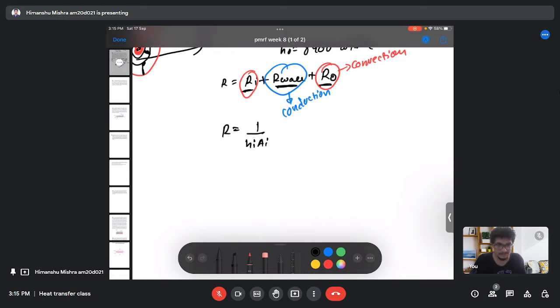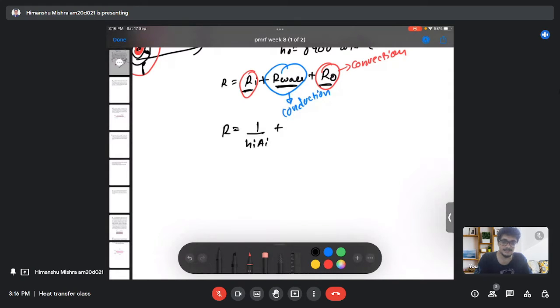Yes. So these expressions for the resistance we already considered in the past weeks when we were studying conduction heat transfer. At that time we found out the total resistance of the tube or the plane slab or the spherical body, and the resistance due to the convection heat transfer.